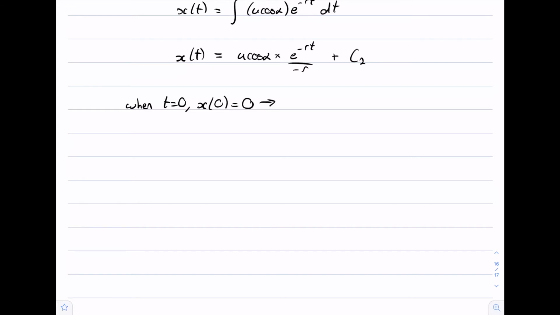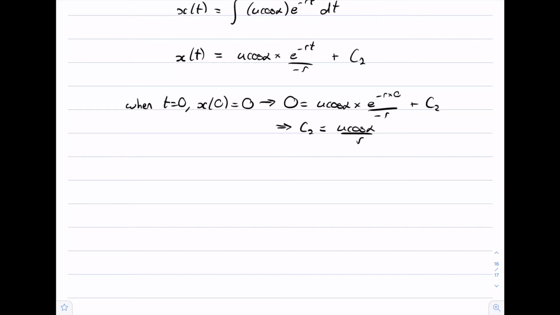And if we plug that in, we get 0 equals u cos alpha times e to the minus r times 0 over minus r plus c2. Rearranging to get c2 as the subject, this becomes u cos alpha over r. Of course, this term up here in the numerator is 1.